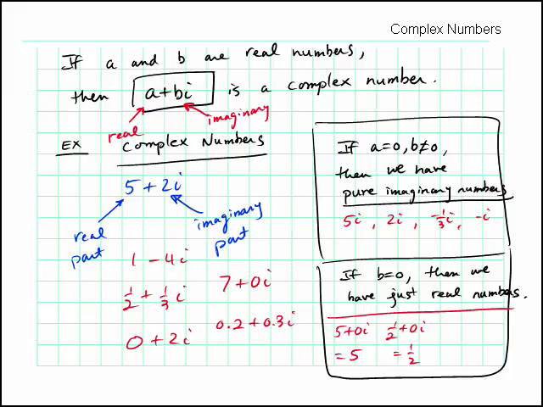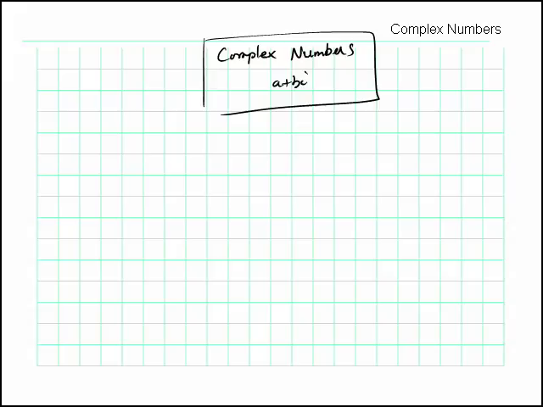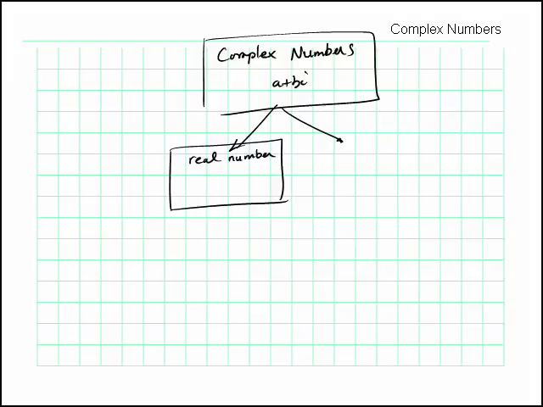So putting all this together, we've got complex numbers, a plus bi. Complex numbers can be broken up into two categories: real numbers, where the b is 0.